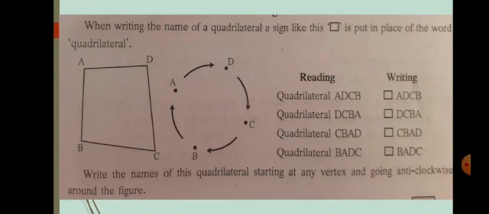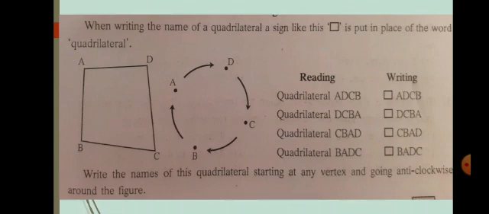When writing the name of a quadrilateral, a sign like a square is put in place of the word quadrilateral. As we put a triangle sign for naming a triangle, in the same way we put a small square for naming a quadrilateral.